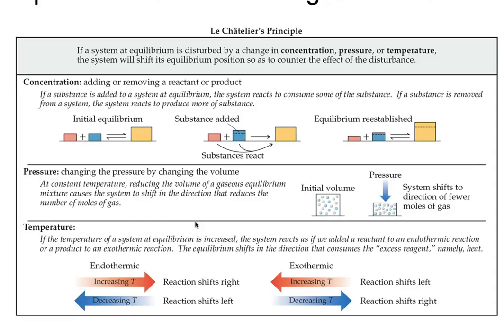And it makes the product. That's equilibrium. You see the back and forth arrow. But when I add substance, see when I add more blue, right? That means I have more of that for the other reactant to react with. So I'm going to make more product. So my shift is going to be toward the right. You can see I made more product and equilibrium is reestablished.